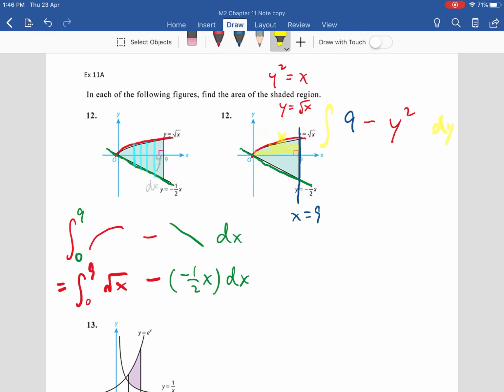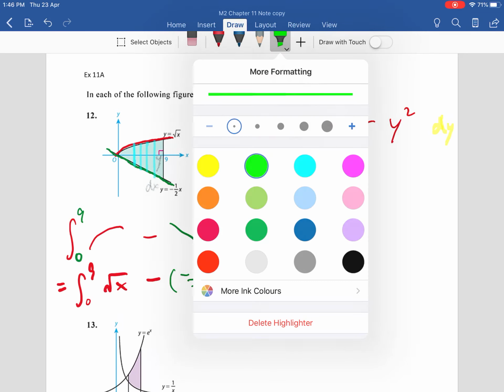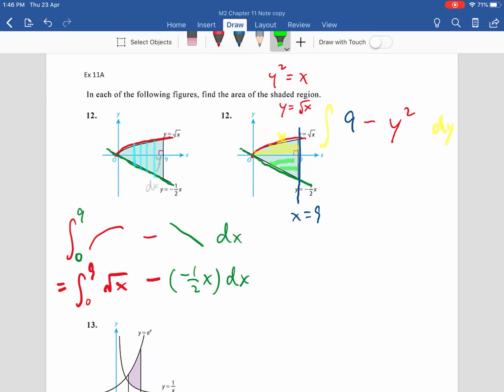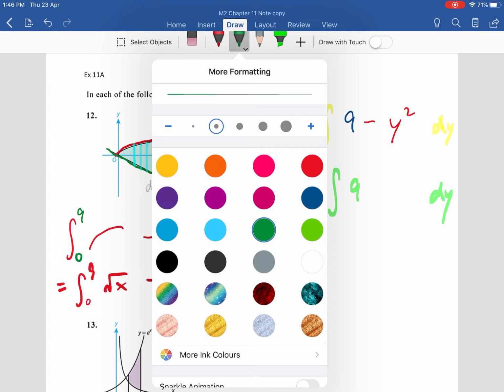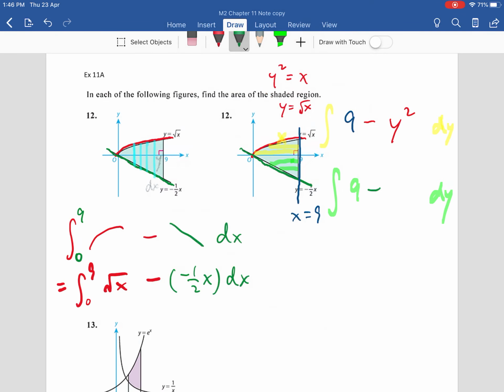The first part is that, and then the lower part, I change it to green. You see that dy, it is again 9, but minus the green one. The green one is y equals minus x squared, but you have to make x the subject, therefore x equals 2y, minus 2y.